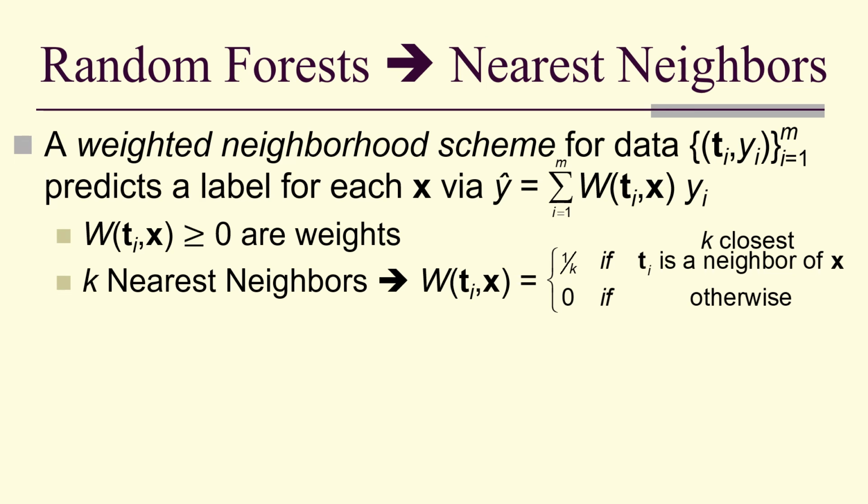For example, in k nearest neighbors, this weight w of t sub i comma x is 1 over k if t sub i is one of the k closest neighbors of x and 0 otherwise.